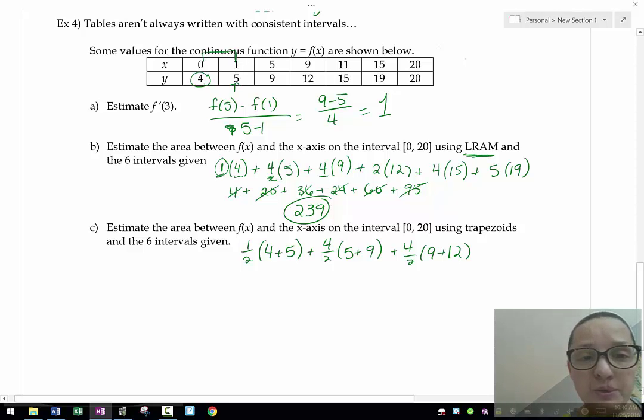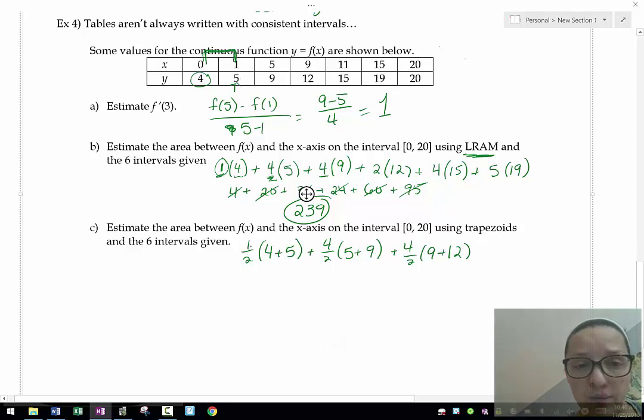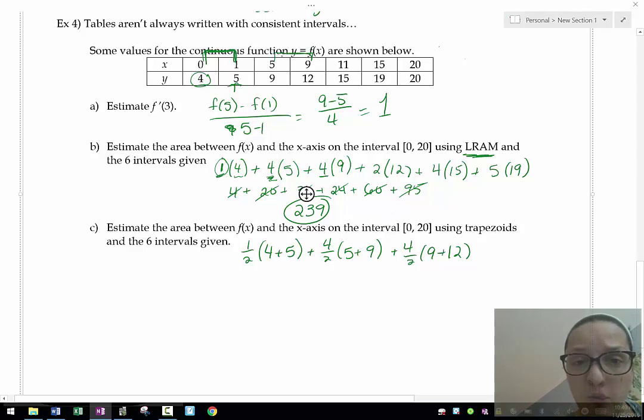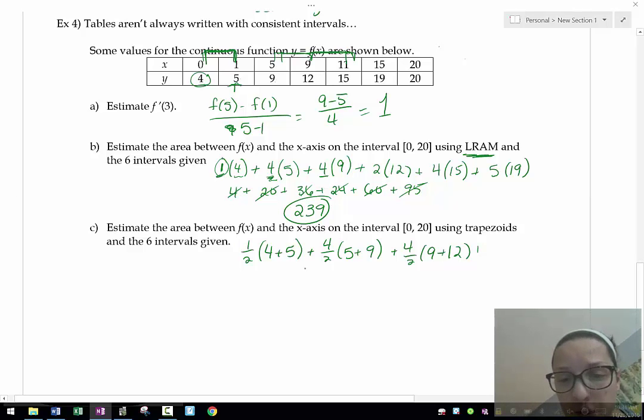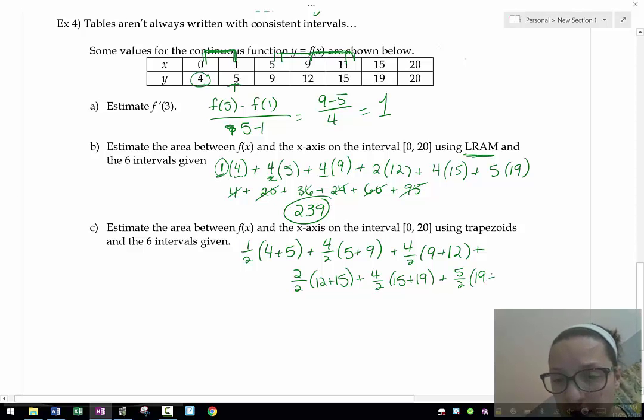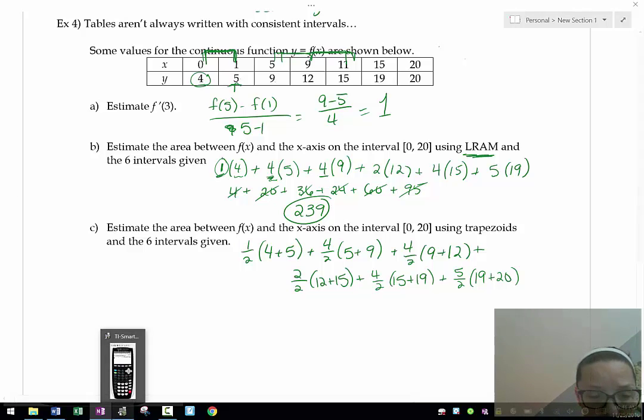Now see what I'm doing here? From 0 to 1 had a height of 1, and then my two bases were 4 and 5. And then 4 over 2, 5 and 9. And then another 4 over 2, 9 and 12. And now I've got 2 over 2, 12 and 15. And then 4 over 2, 15 and 19. And then what's this last one? 5 over 2, 19 and 20.